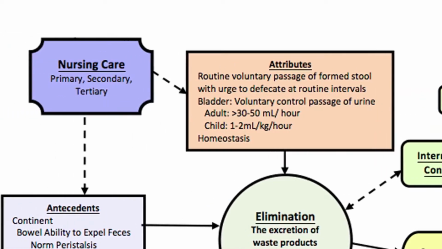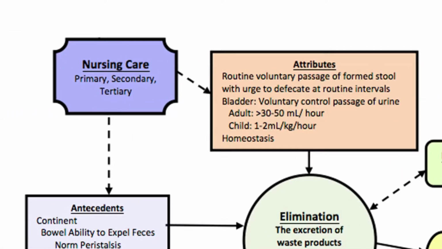So if the nursing care, which is intermittent as designated by the dashes in the arrow, if the nurse assesses the patient and finds that, say, the adult is only having 15 milliliters per hour, then they would know that the concept of elimination is not functioning optimally.